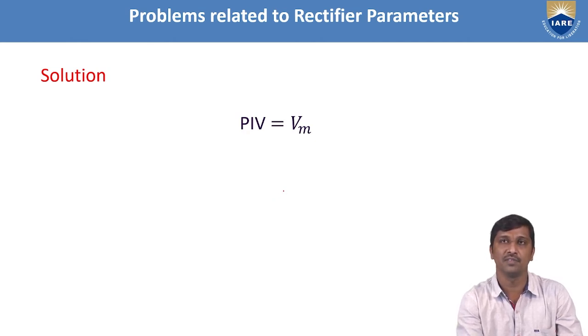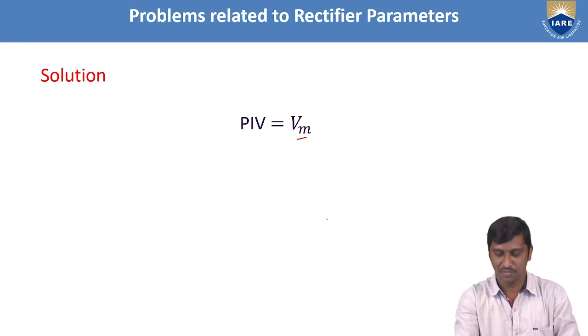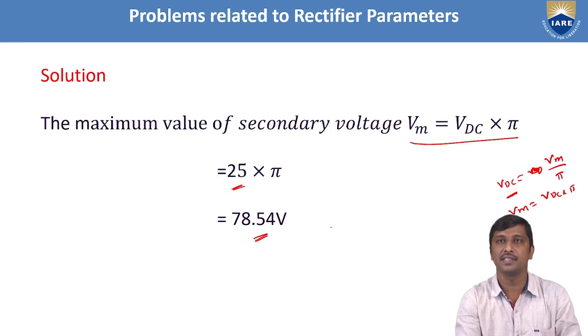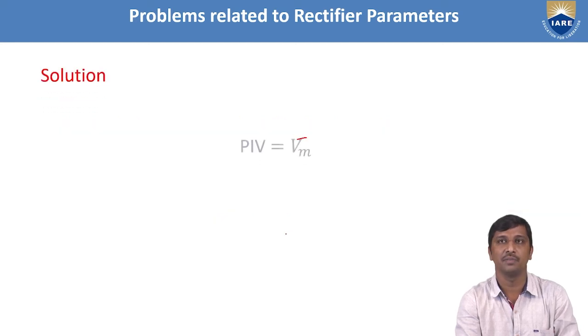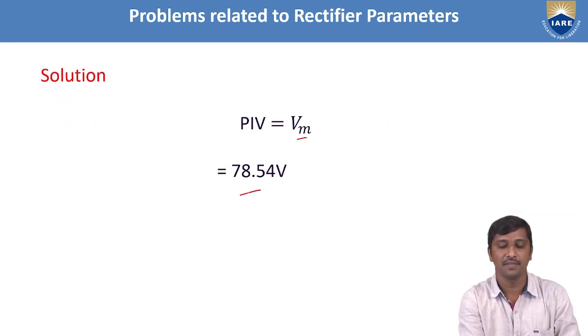Based on that analysis, in a half-wave rectifier the peak inverse voltage is Vm. The Vm value we just observed is 78.54 volts. Hence, here the peak inverse voltage is also 78.54 volts.